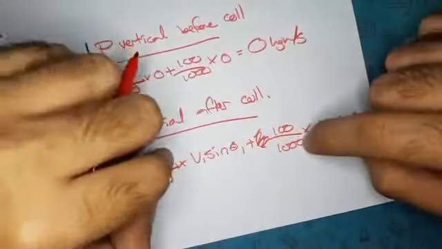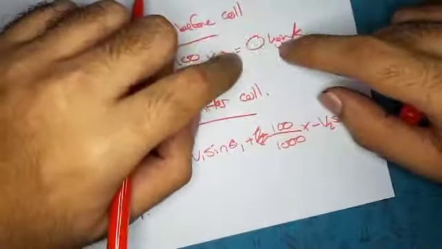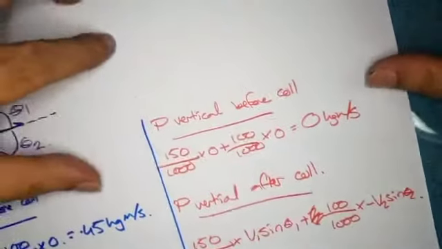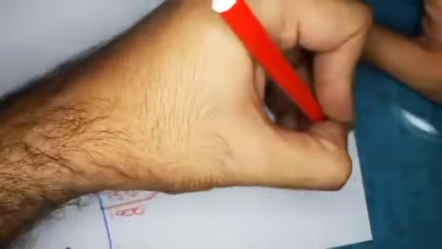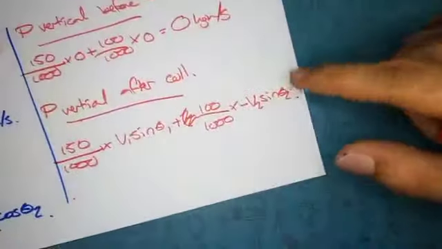And this has to be equal to this. So our equation for the vertical component becomes this long equation, where all of this is equal to 0. And then you can rearrange it.